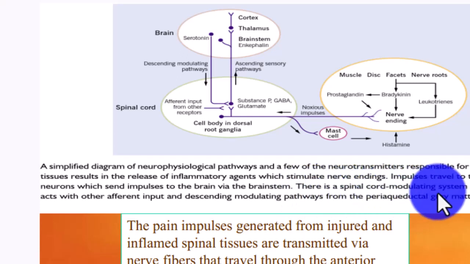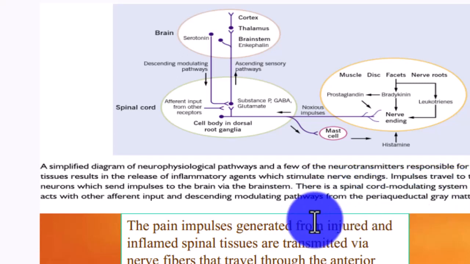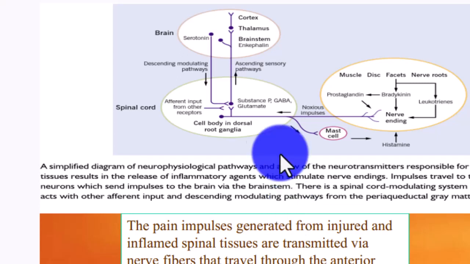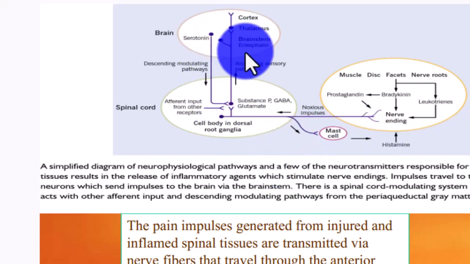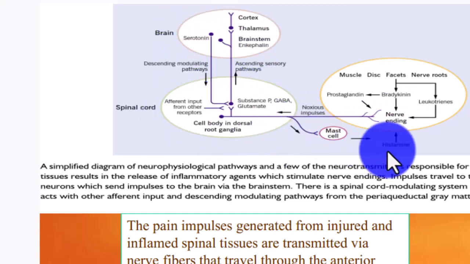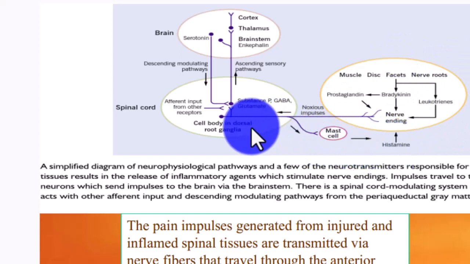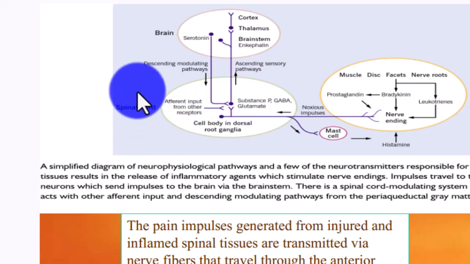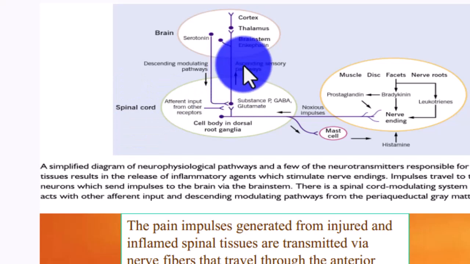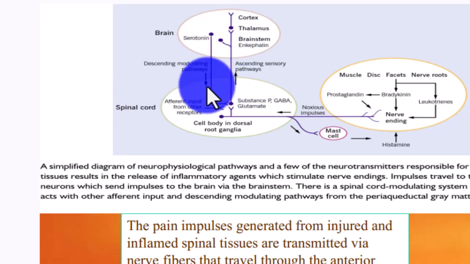There is a spinal cord modulating system in the spinal cord, which interacts with other afferent input and the descending modulating pathway from the periaqueductal gray matter and other brainstem nuclei. In the brain, spinal cord, here the tissue injury, histamine, mast cell, and here the ascending sensory pathway and the descending modulating pathway.